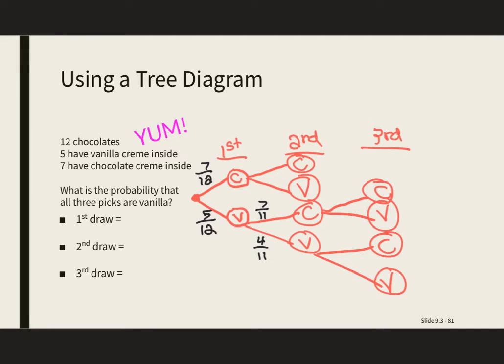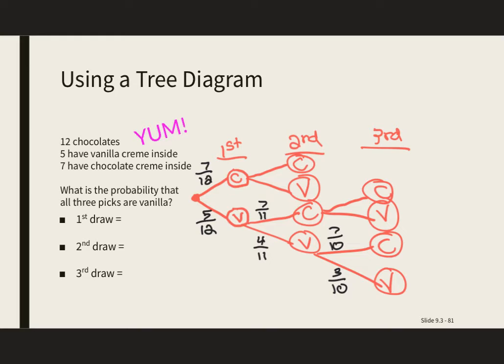So I don't really care about this situation here as well. All right, let's fill in some probabilities here. Now this piece, this is 3 out of 10. Chose 2 vanillas already, so 3 are left out of 10, and then this one would be 7 over 10.